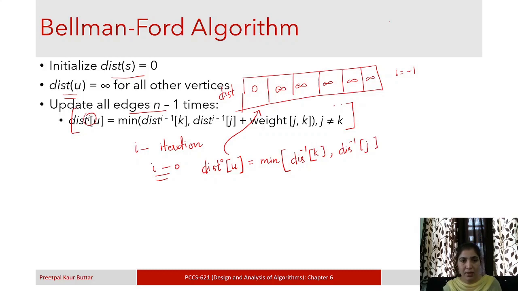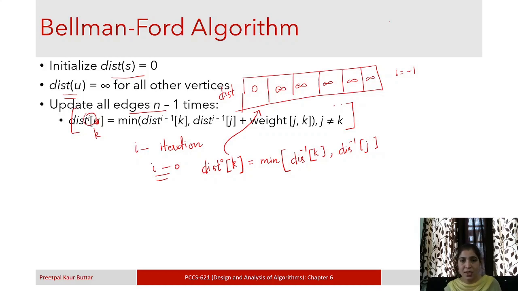I think I made a mistake here. It should not be u, it should be k. So we are updating the distance of a vertex k, as the minimum of the previous distance or the new distance.